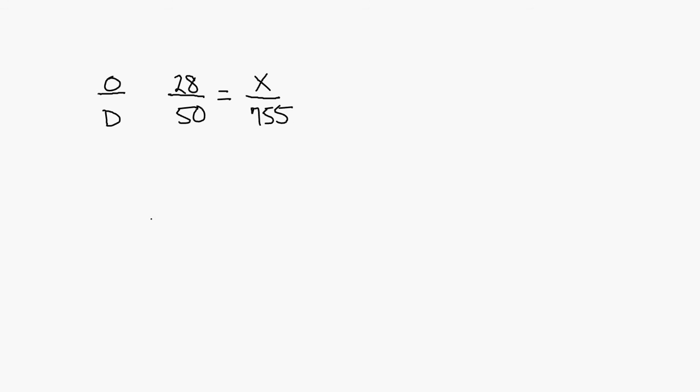This is how you use similarity and proportions to solve problems. You set two ratios equal to each other. You solve for the variable. So cross products are equal. So 50 times x is 50x, equals 28 times 755, which is 21,140.